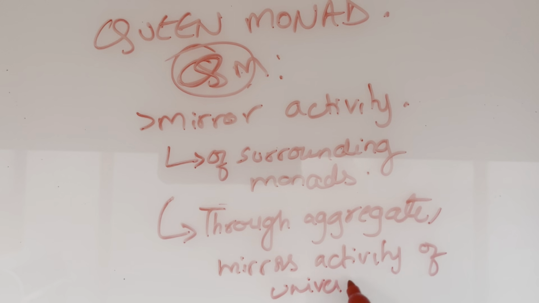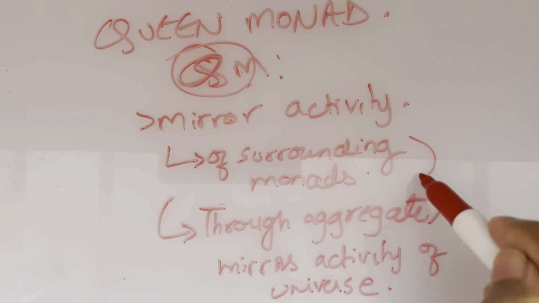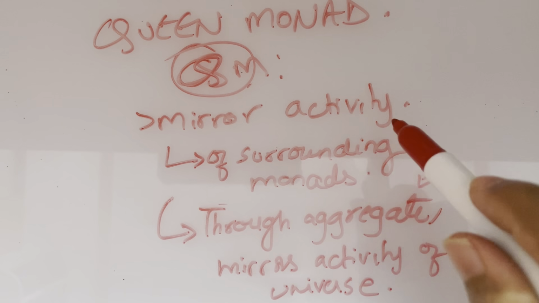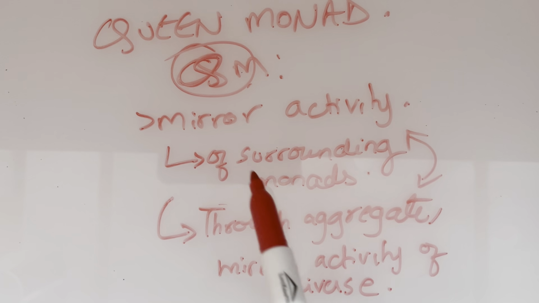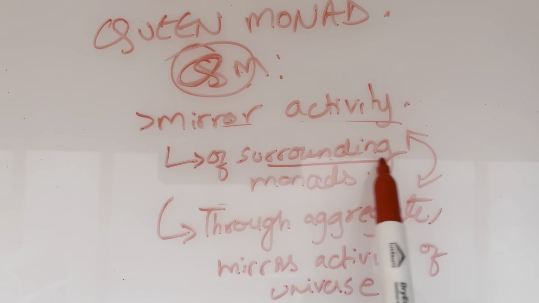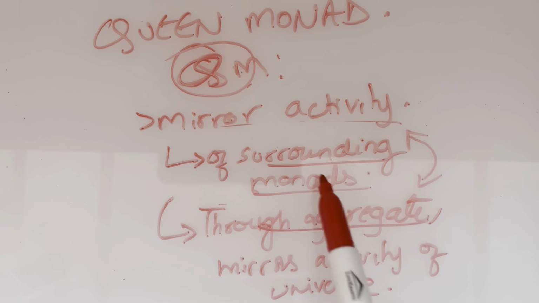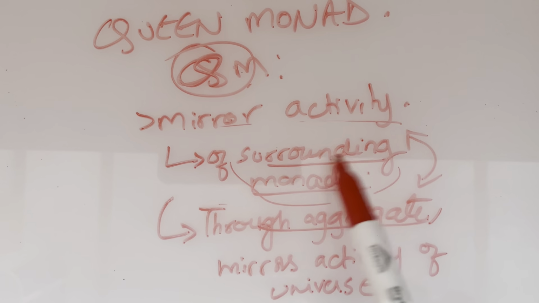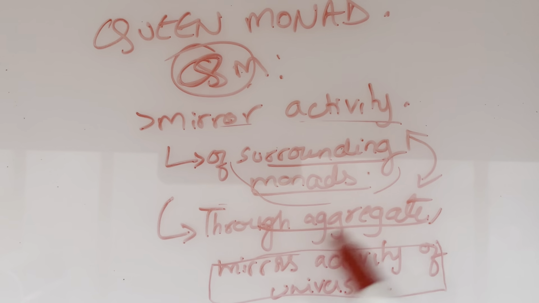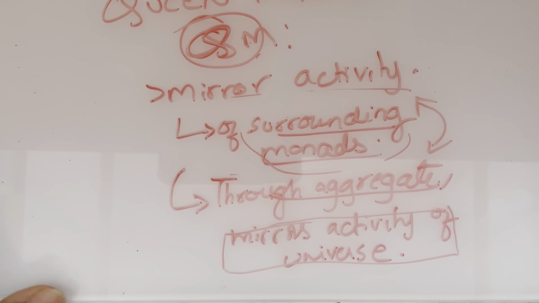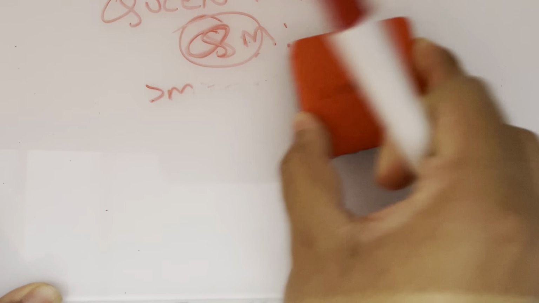This is like an interdependent system, and one explains the other. So it mirrors the surrounding monads, and through the surrounding monads it mirrors the activity of the entire universe. So this is the function of the body, a definition of a body, and the role of queen monad in the body.